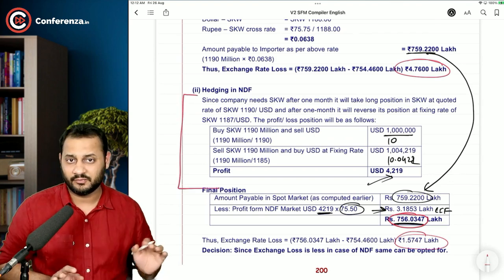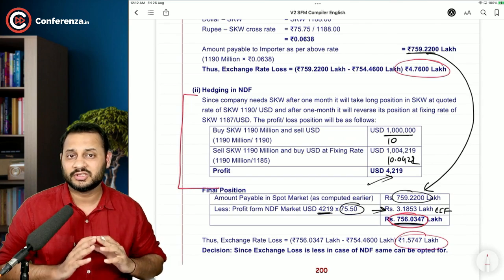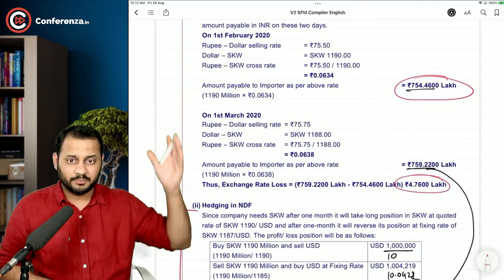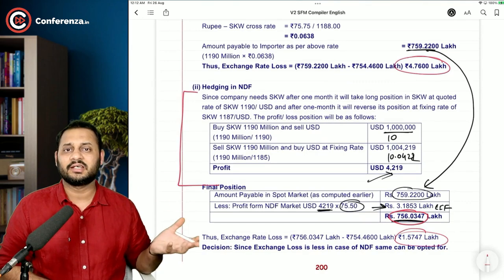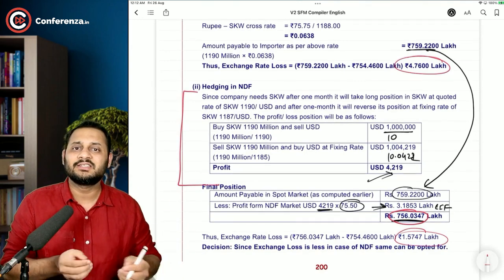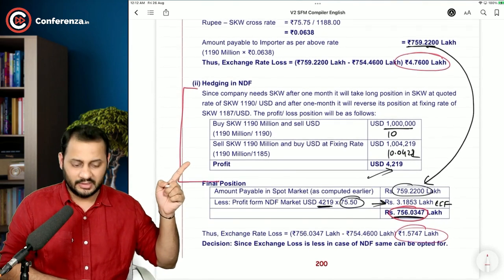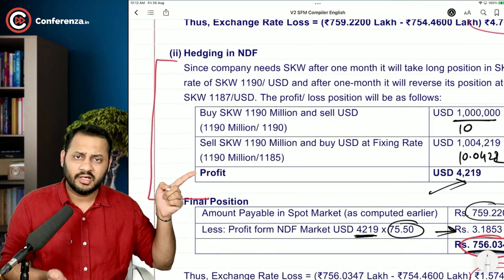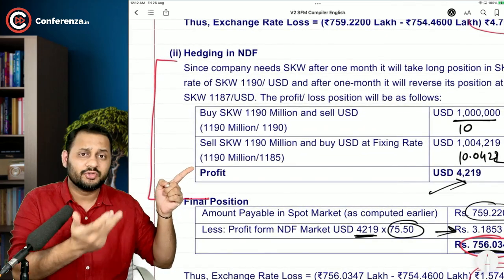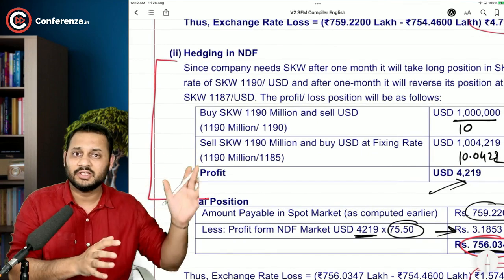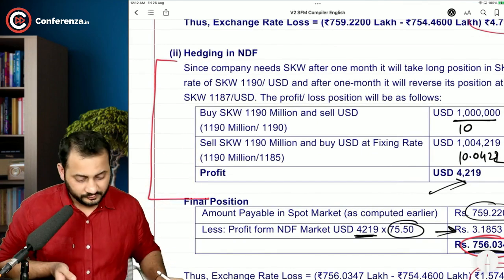You have to do nothing. No other calculations are required, because this part is repeated again in the second part. So it has no relevance in the decision making. If NDF is giving profit, as you can see here, then we should go with the NDF. Otherwise, we should not, because apart from this, everything else is the same.